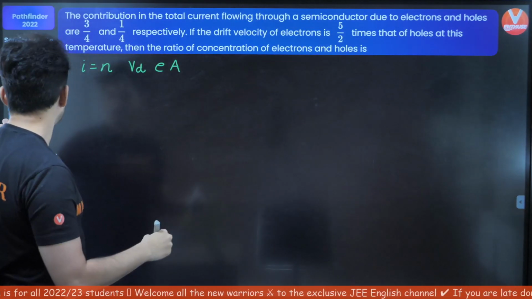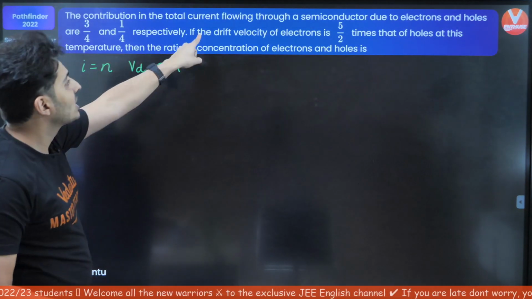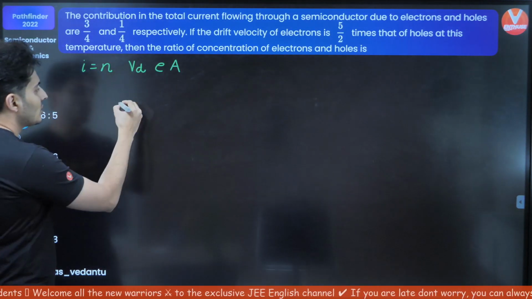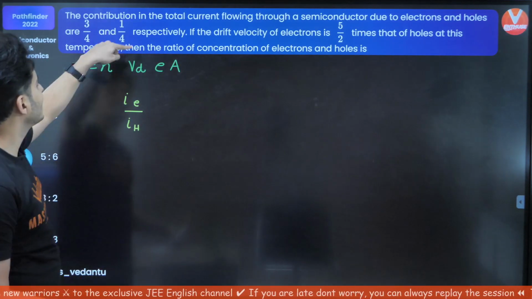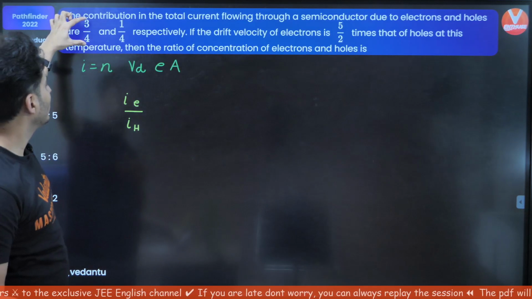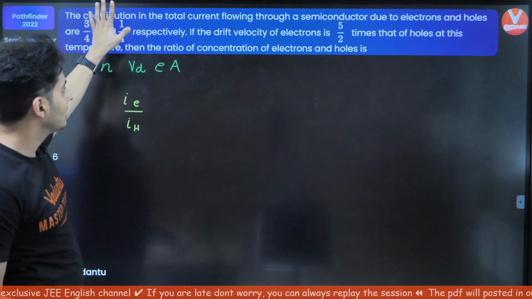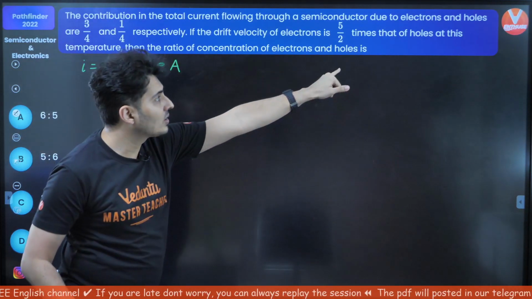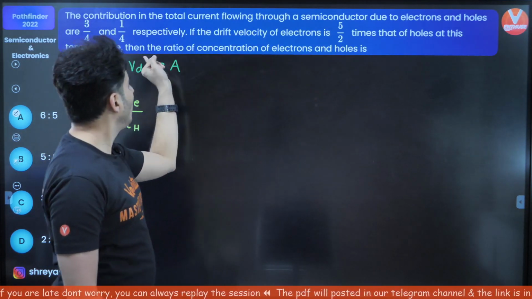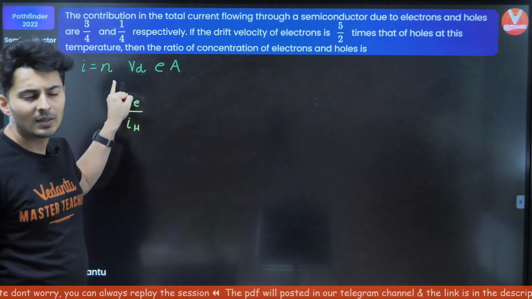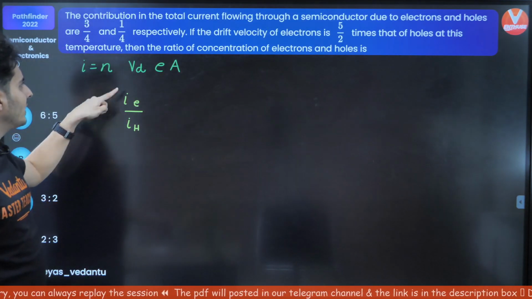Interesting. So think about it. The question is all about electron and hole. So the current due to electron and current due to hole is mentioned. Drift speed is also given as a ratio. And the question is, what's the concentration N? So let's take the ratio first.